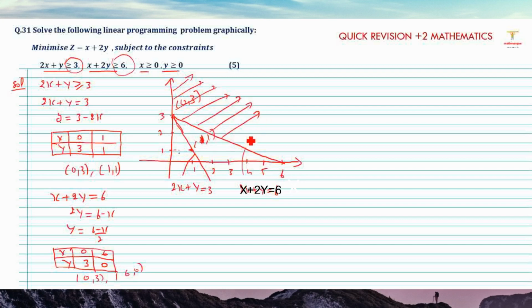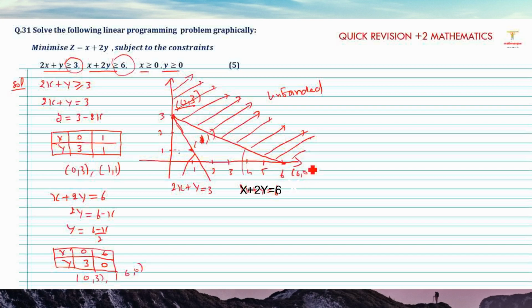Now, if this area is unbounded, it means you are getting here only 2 points, children, one is this and another point is here, this is 6 comma 0. These are the only points you do have actually.